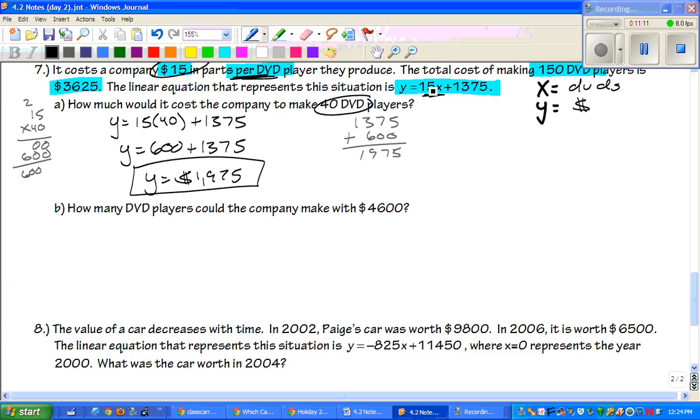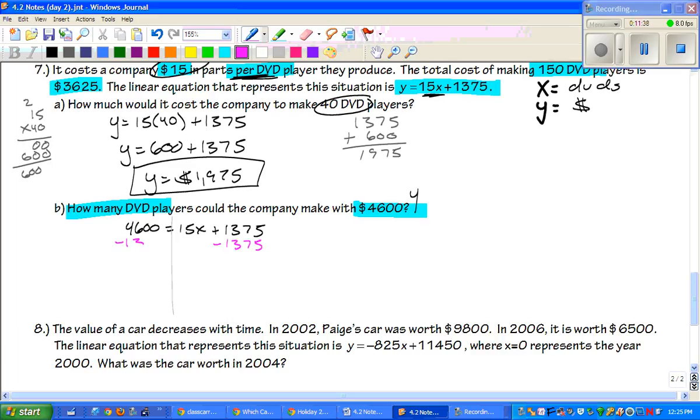Okay, on the next one, it says how many DVD players could the company make with $4,600? Okay, so this, they're telling us the y. So the 4,600 comes over here, and the rest of the equation stays the same. Okay, now we're solving for x.